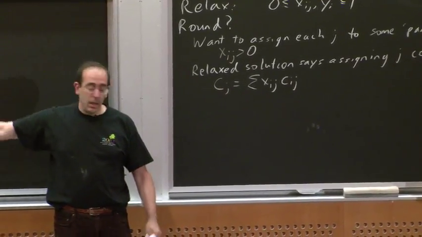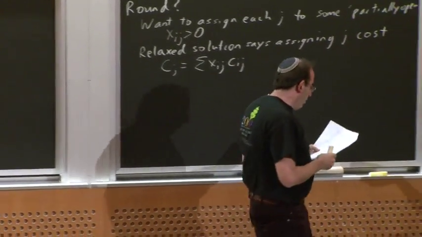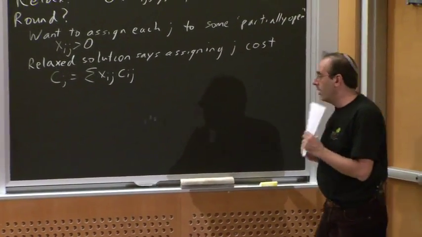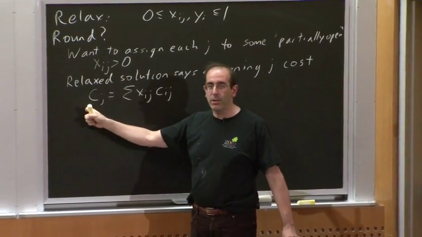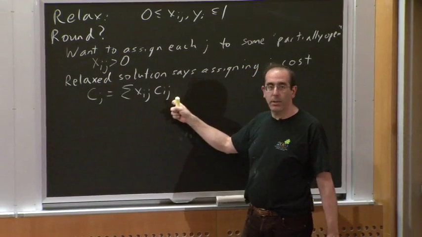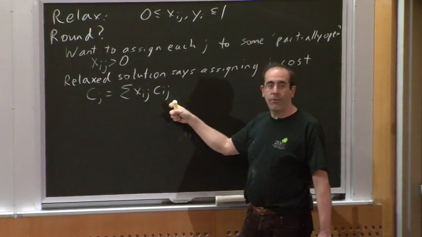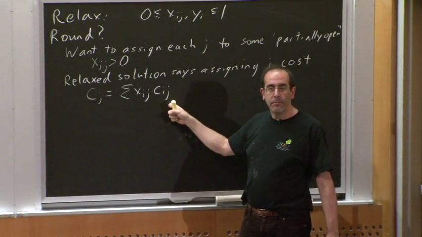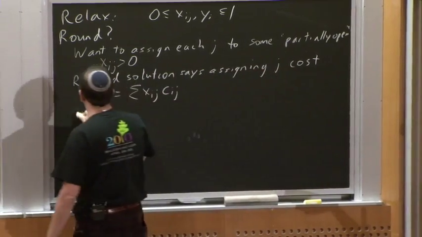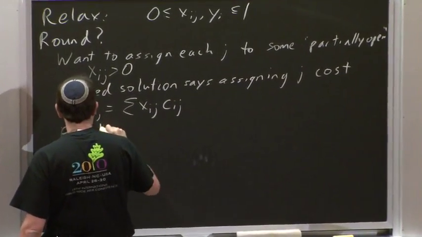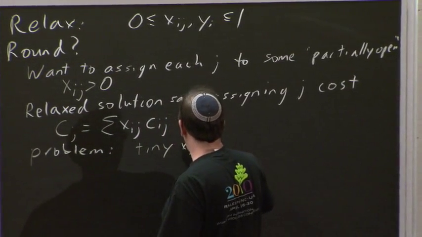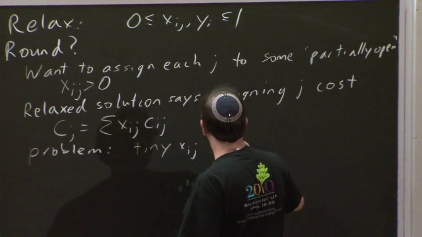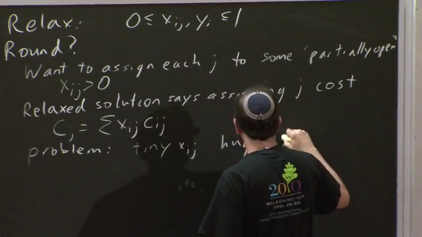Yes? So what could be the problem with achieving an actual assignment to a single site that has cost close to this fractional assignment? Well, the problem might be if we have some tiny xij associated with a huge cij.